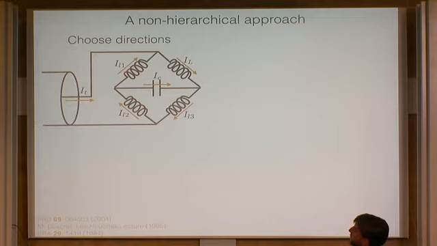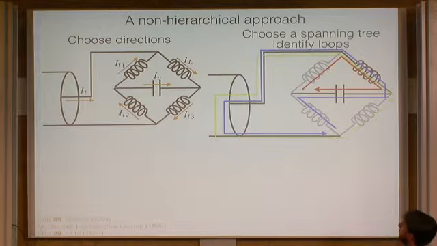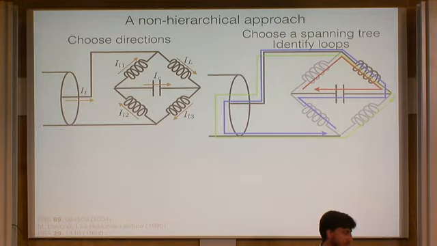You first choose for each of the branches a direction of current that you define as positive. You then choose a spanning tree, where you indicate branches, this guy and that guy, that touch all the nodes in the circuit but make no loops. The remaining connections are not in the spanning tree. With this tree, you can now identify what are called fundamental loops, which are loops that are all linearly independent, and any other loop in the circuit would be a linear combination of these.